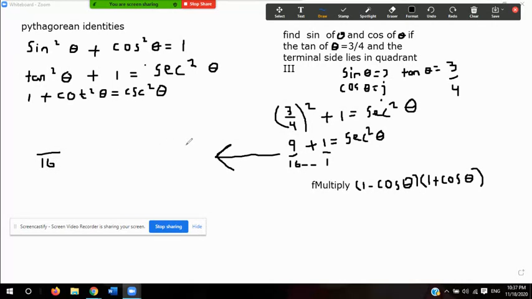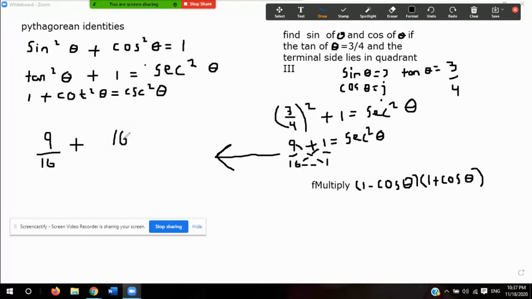Then we multiply 9 times 1, which is 9, because this is the cross multiplication method. Then we do the same thing on this side and cross multiply 1 and 16, which is 16. That's why it's called the butterfly method, because it resembles a butterfly.